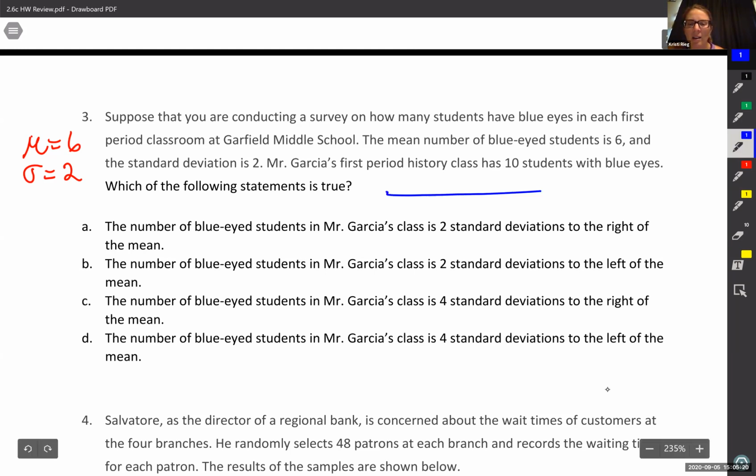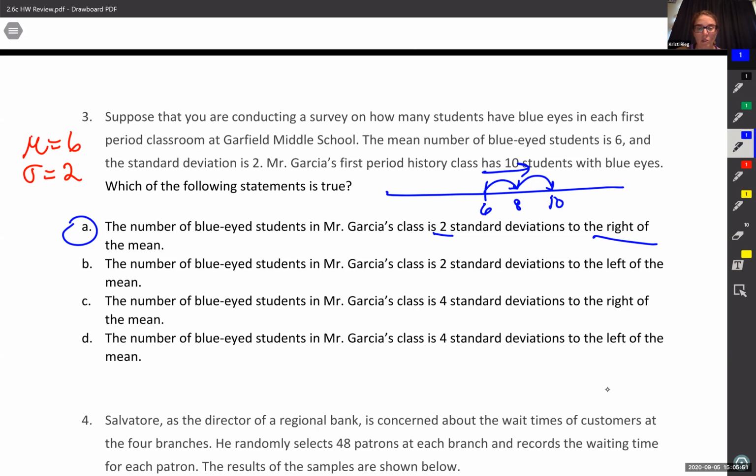So I have 6. That's where my mean is. And I know standard deviation is 2. So how many 2s does it take to get to 10? There's 8. There's 10. So it took me 2 2s, because it's 4 away, and they were to the right. So the answer is A, 2 standard deviations to the right.